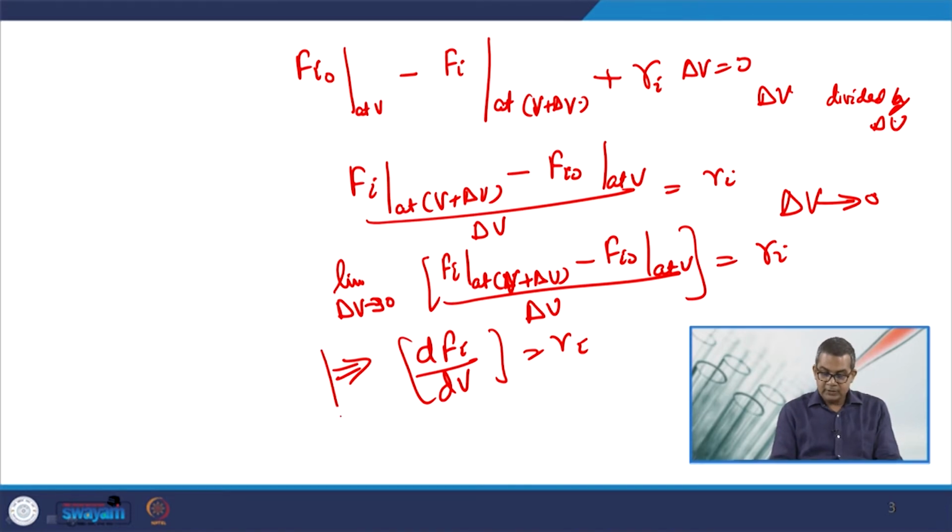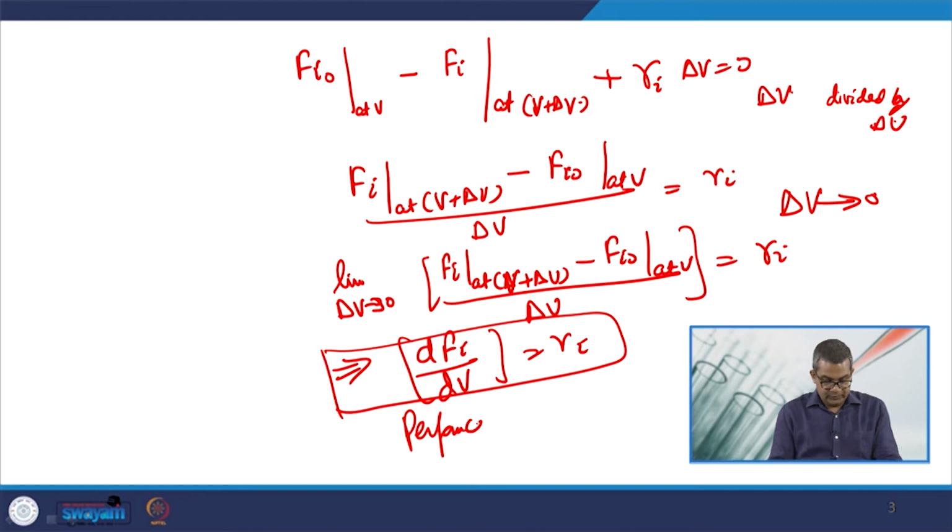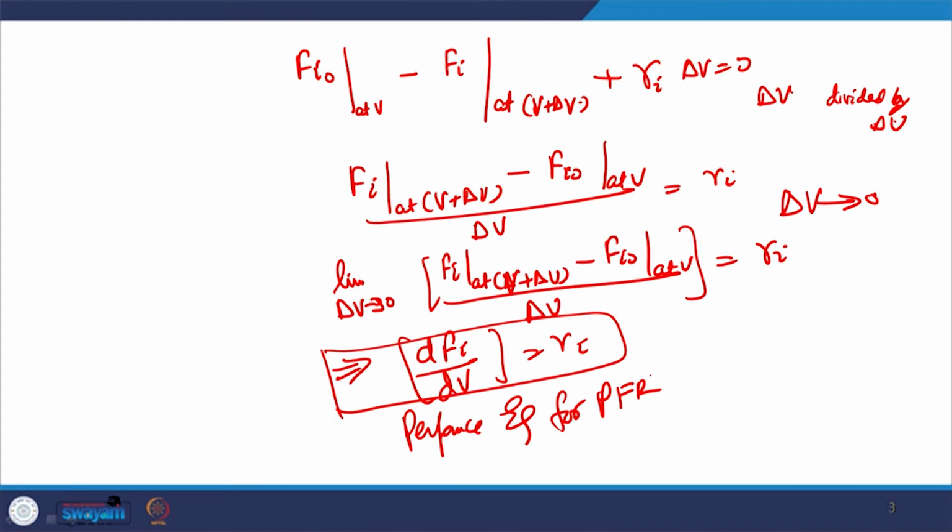Now this is the required differential form of the performance equation for any PFR.